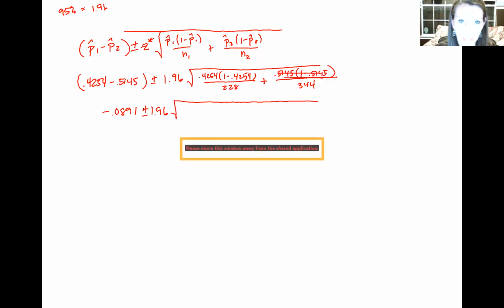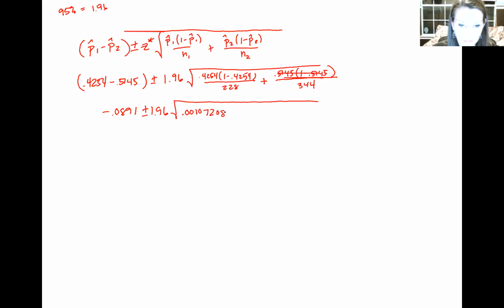So I get 0.4254 times 1 minus 0.4254, which is 0.2443484. I divide that by 228, and I get 0.0010720826.